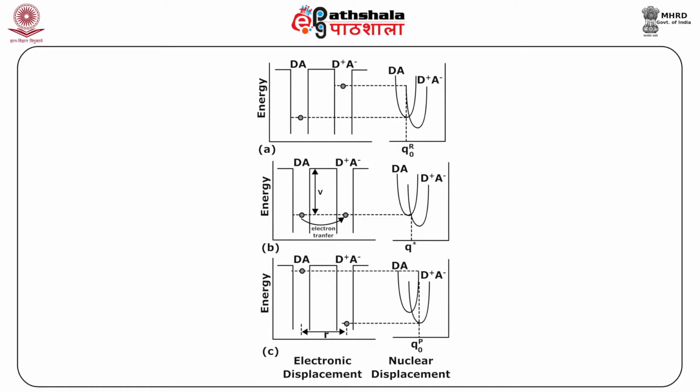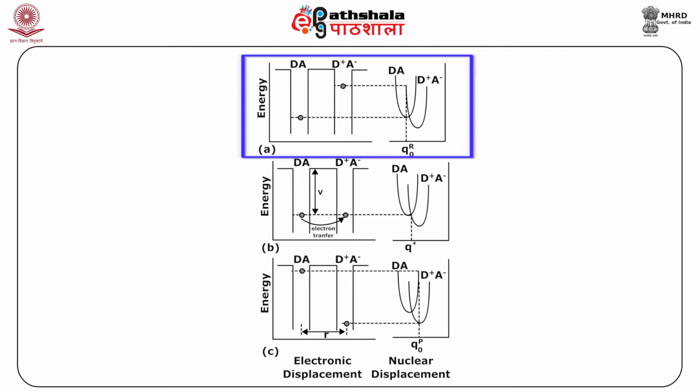For understanding this process, we should consider the effect of rearrangement of nuclear coordinates on the electronic energy levels of DA and D plus A minus for a given distance r between D and A. You can see in the figure the mechanism of electron tunneling in electron transfer. Initially, the electron that is transferred occupies the HOMO, the highest occupied molecular orbital of D, and the total energy of complex DA is lower than that of D plus A minus.